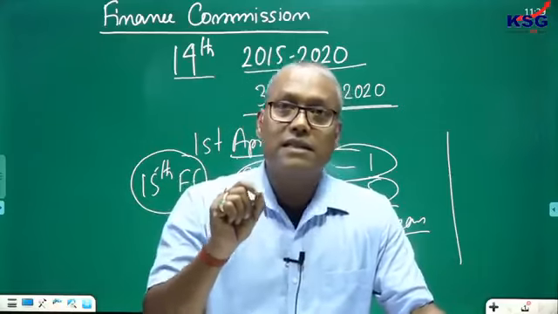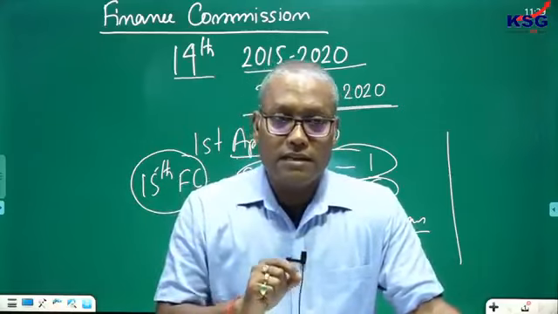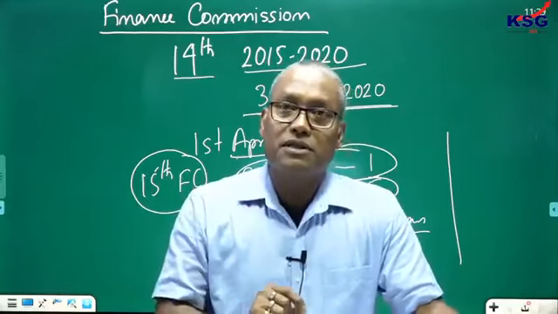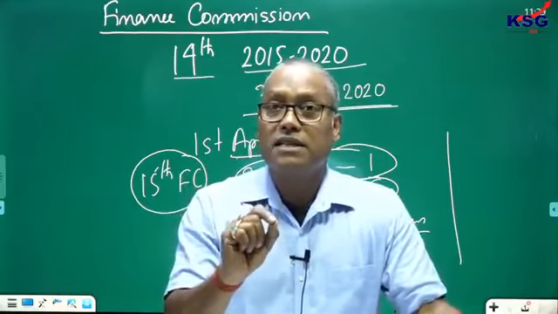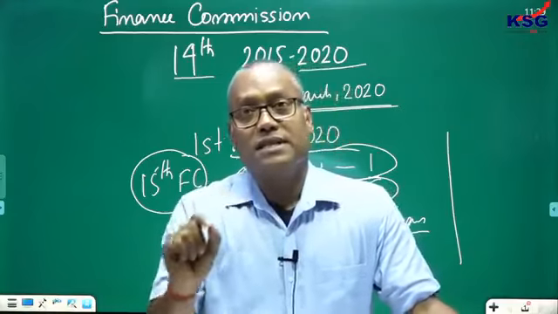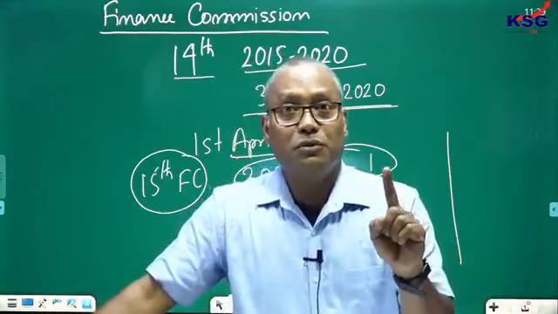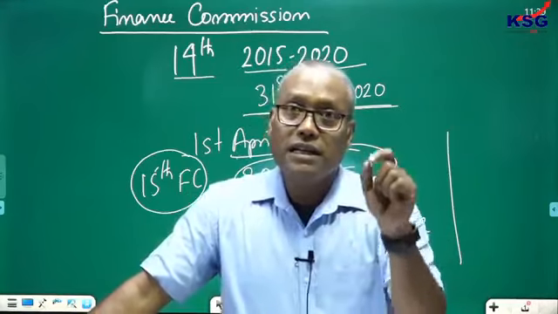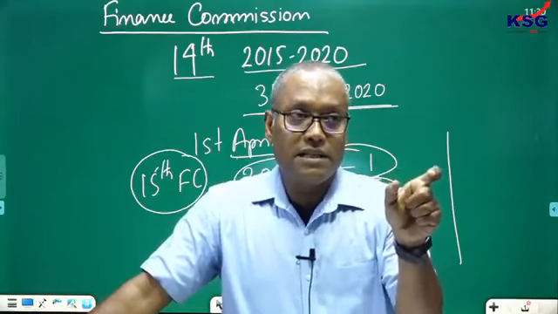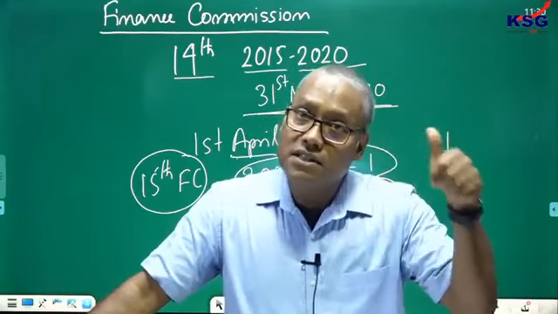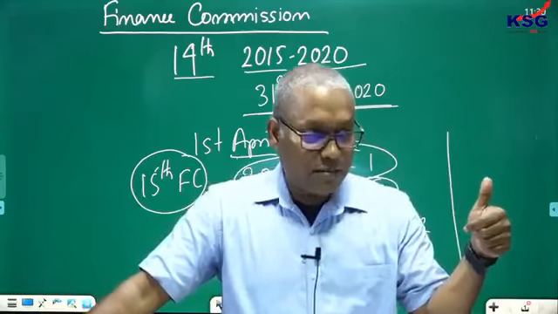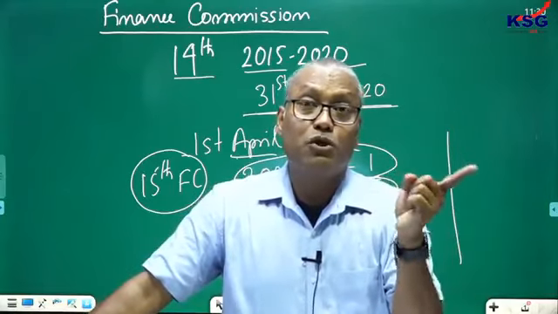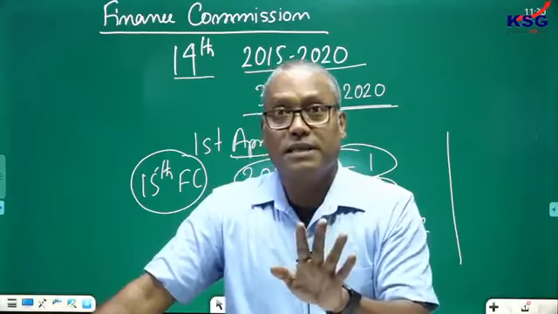The reason is that the 14th Finance Commission gave states 10% more share. You remember I discussed with you, go and see your notes: basically an extra 10% is given by the 14th Finance Commission to state governments, from 32% to 42%. You remember these things.